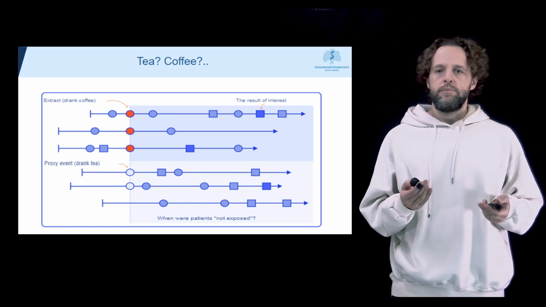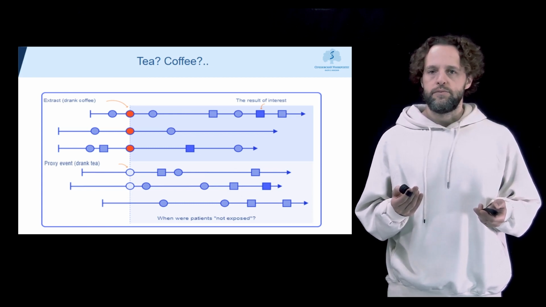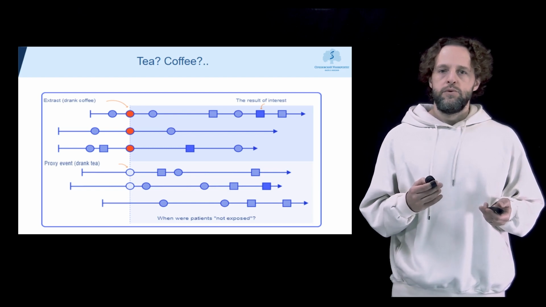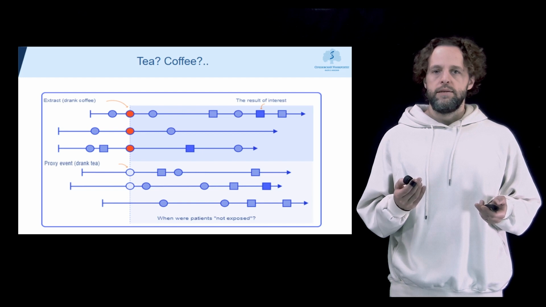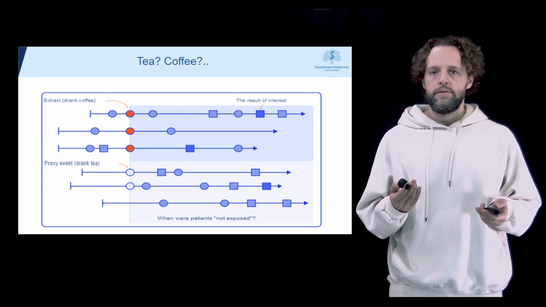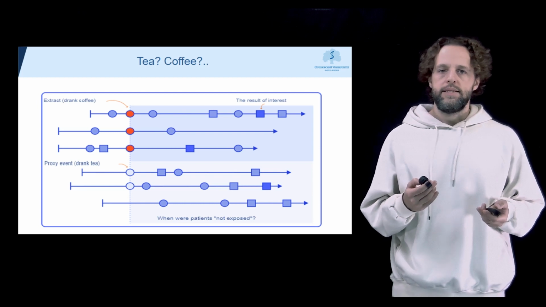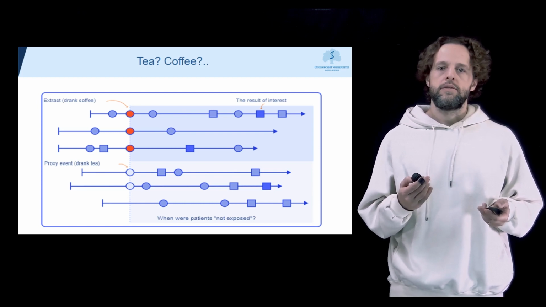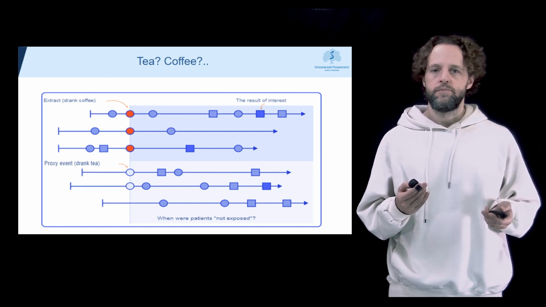This is a very important issue and not always easy to resolve. A possible solution is to introduce a proxy event, for example an indirect event such as drinking tea, the presence of which is considered the beginning of no exposure.